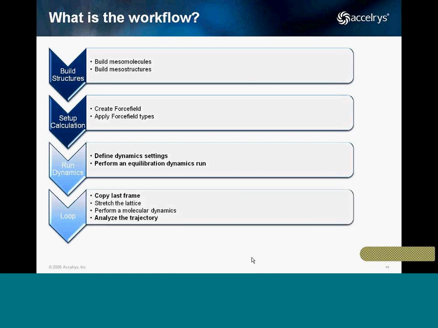In my loop, I copy the last frame out of the dynamics trajectory, stretch the cell parameters, the lattice parameters, and then perform a new molecular dynamics calculation, and then analyze that to get the property which I'm interested in, which is the stress in this case, and the stress components. This loop will go around and around, copying the last frame out, stretching the lattice, performing molecular dynamics, and doing the analysis until I get to a number of steps.